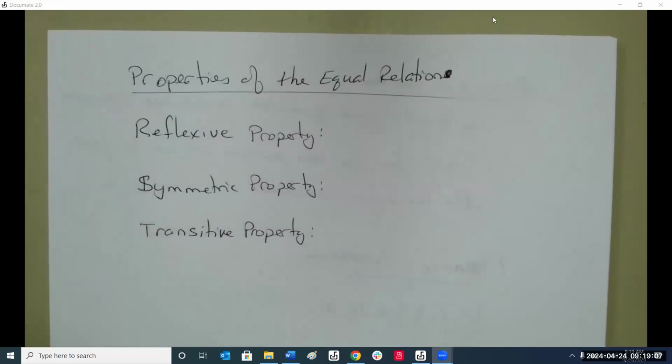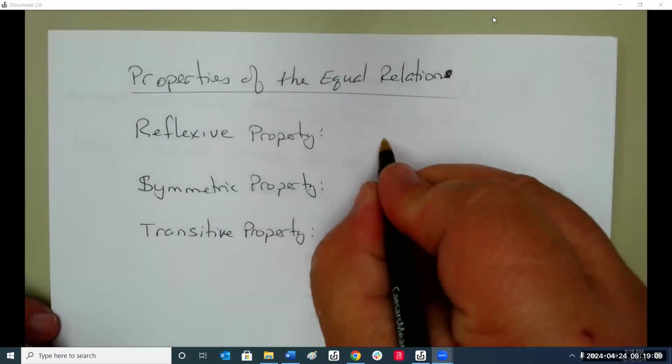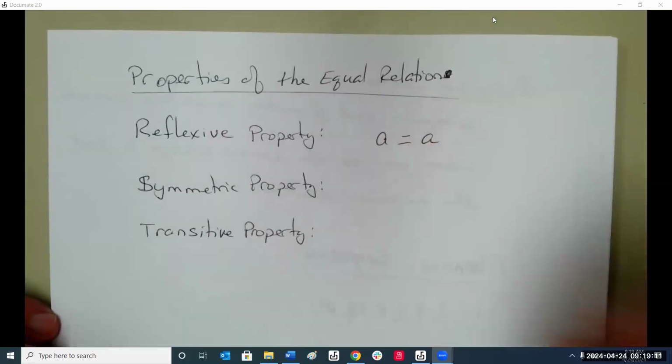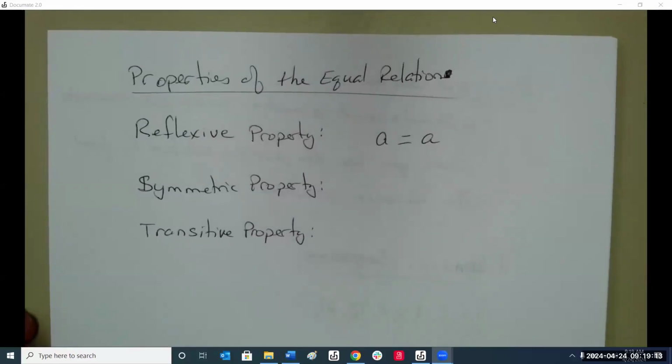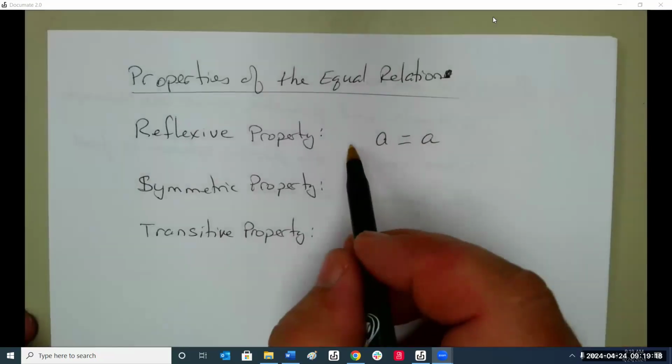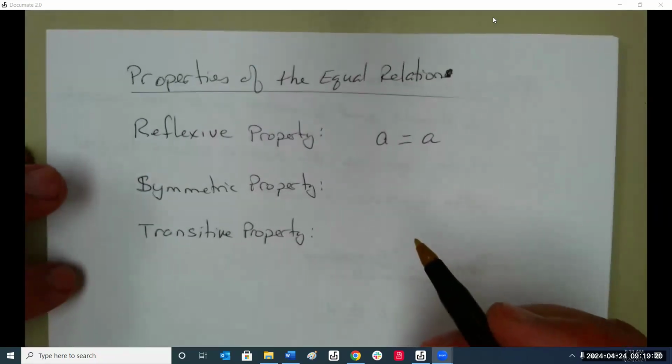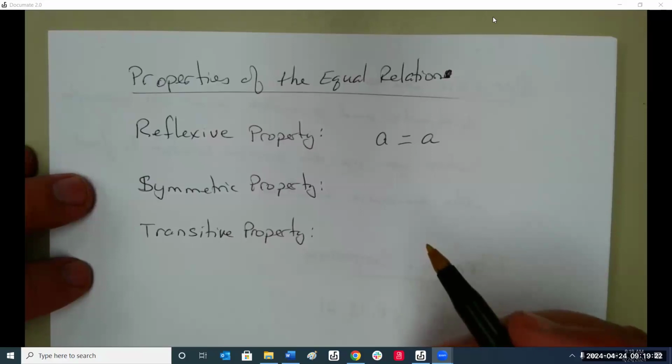Reflexive, like a mirror. Reflexive says A equals A. True. In other words, one side of the equal has to equal the other side. Symmetric. What does that mean?